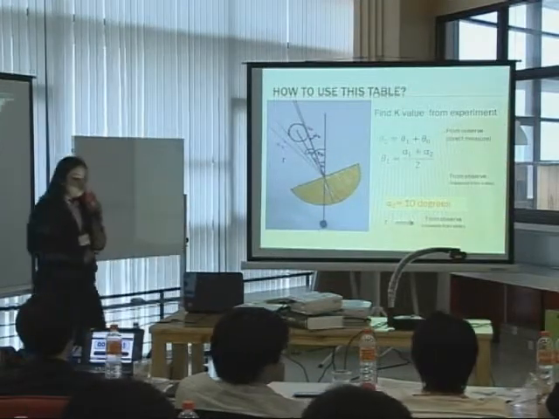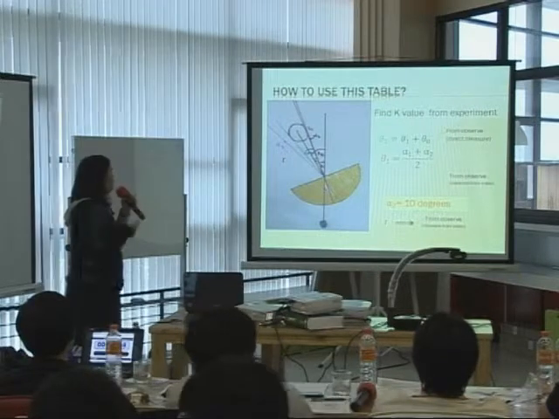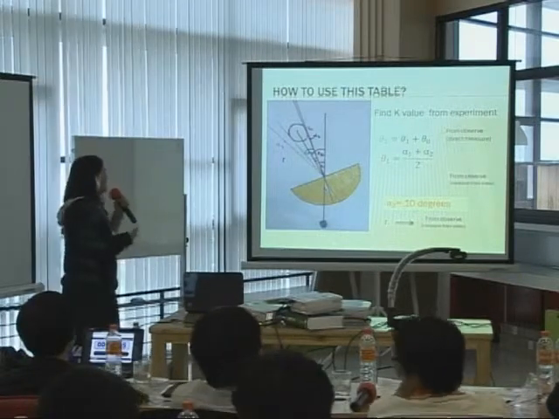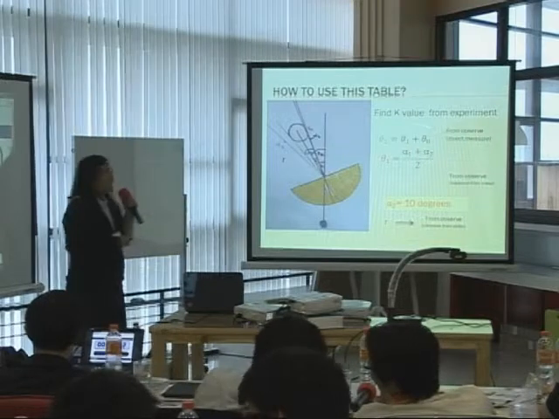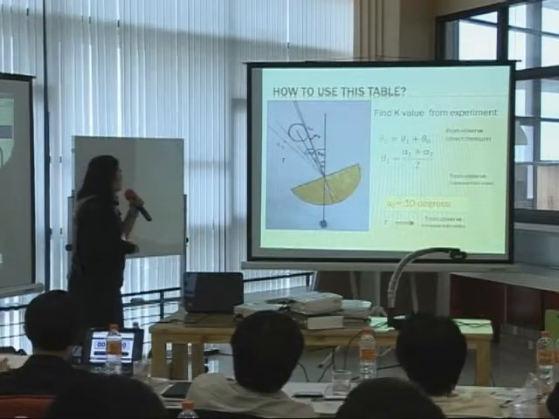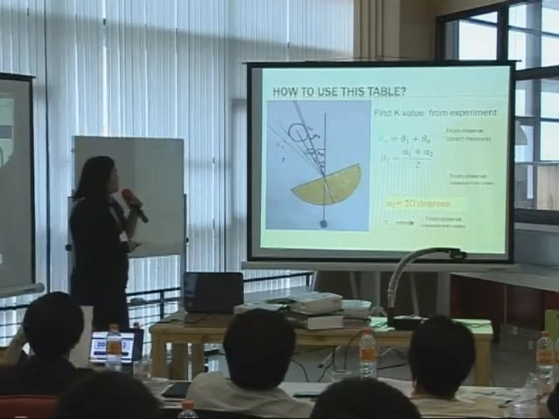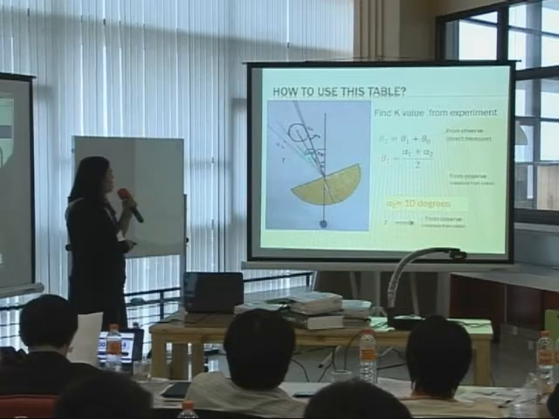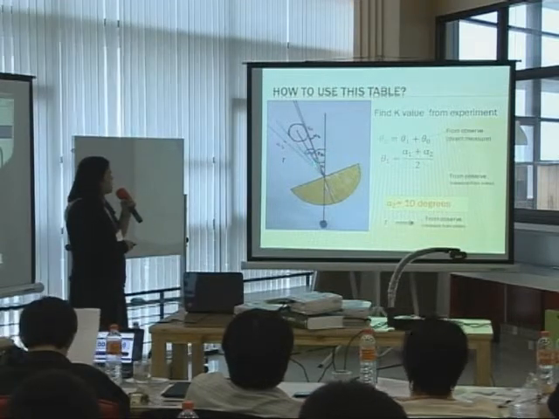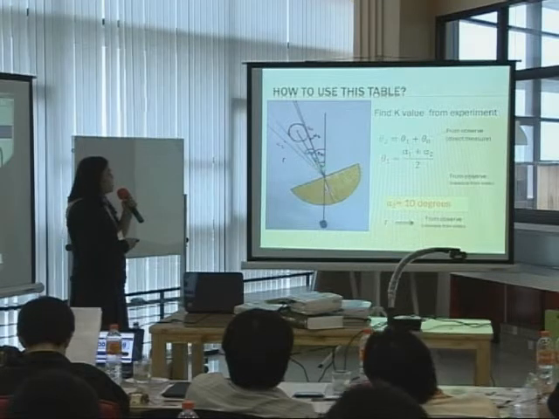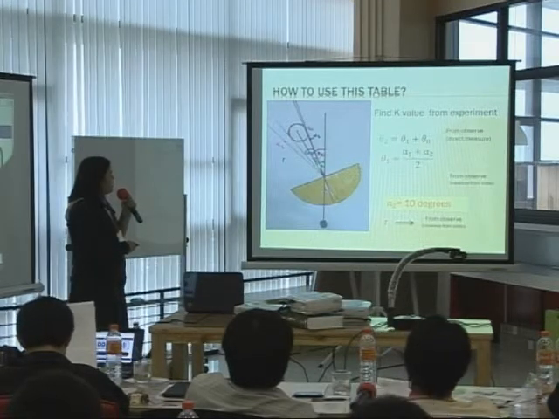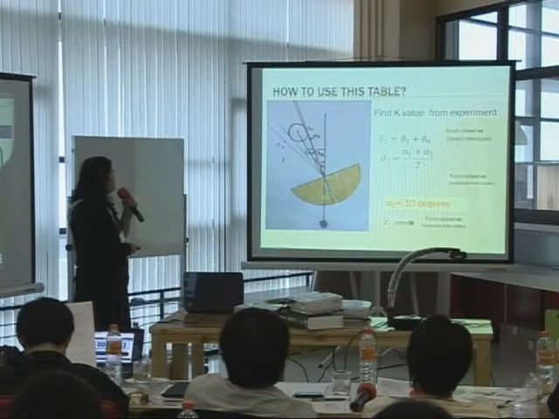Okay, how to use this table? First of all, theta 2 is equal to theta 1 plus theta 0. And theta 0, we observe from this, is equal to this part.